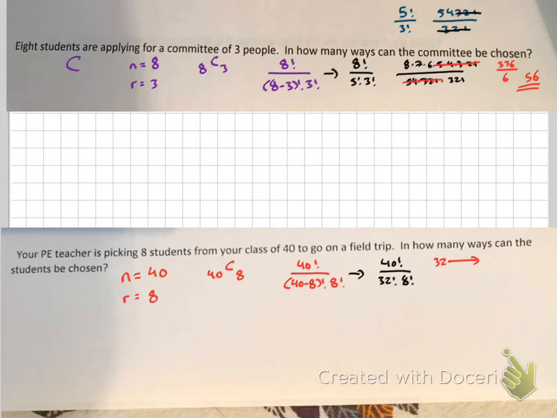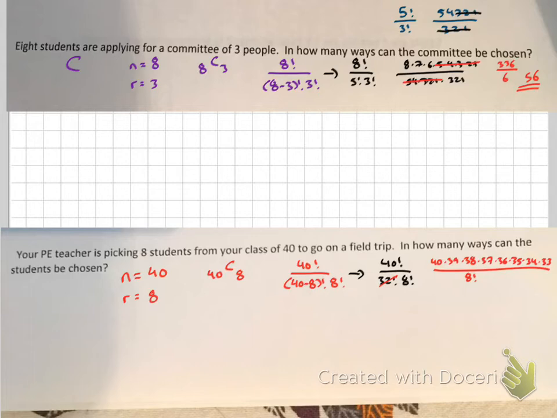So when that 32 factorial goes away in the bottom, what you're left with up top is 40, 39, 38, 37, 36, 35, 34, 33. Seems like a lot, I know. And in the bottom, we have 8 factorial.